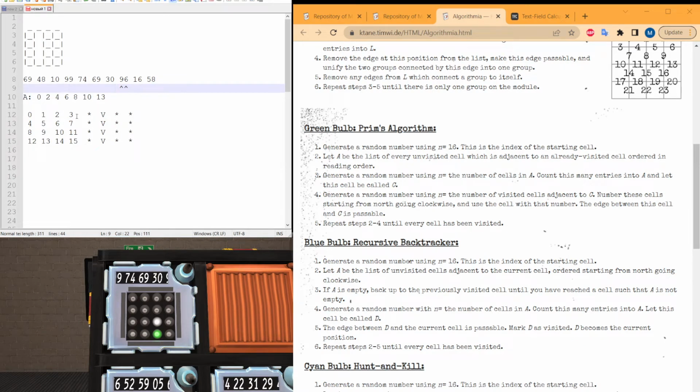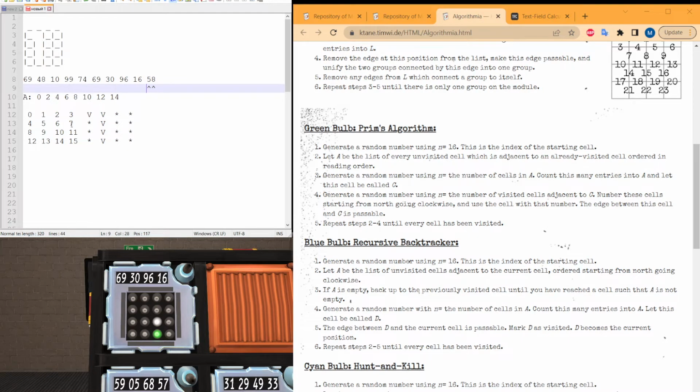Okay, now we have 0, 2, 4, 6, 8, 10, 12, 14. 96 mod 8 is 0, so it's this one. Cell 0 also has only one adjacent visited cell, so that means we're removing this wall. Moving the pointer twice.